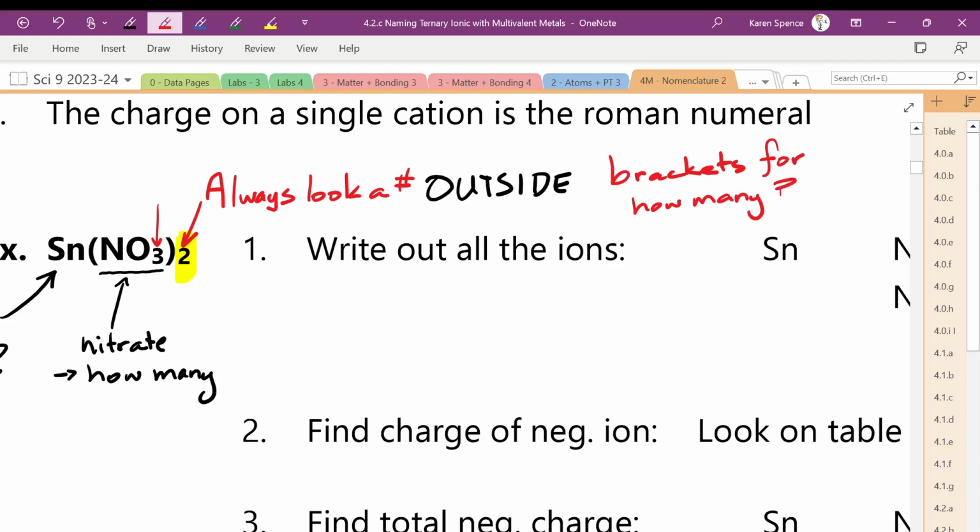Can I just call them PAIs? Polyatomic ions, because that's a long, long word to write.